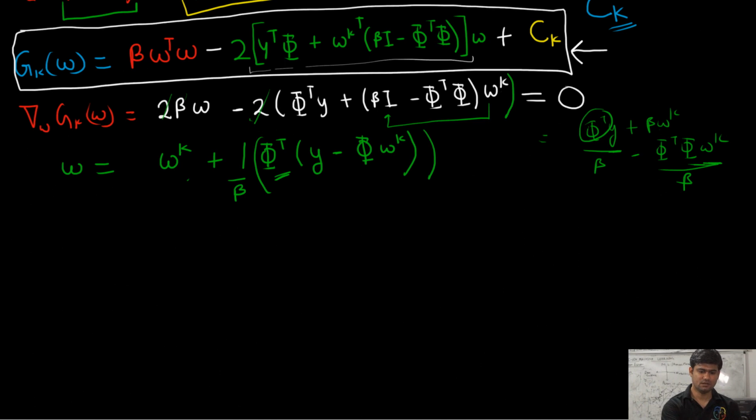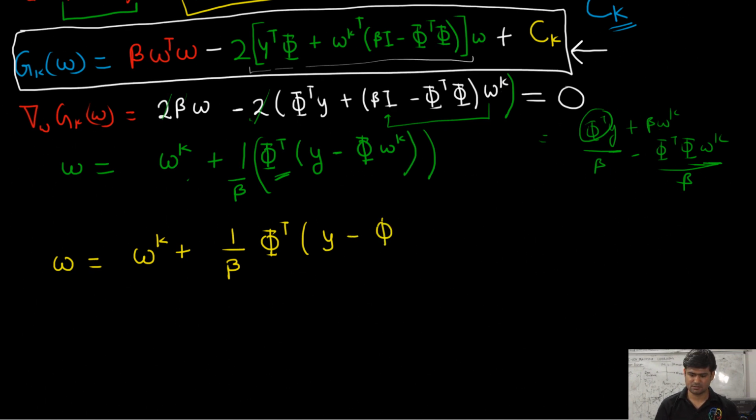So we get the solution as W equal to Wk plus 1 over beta times phi transpose times y minus phi times Wk.